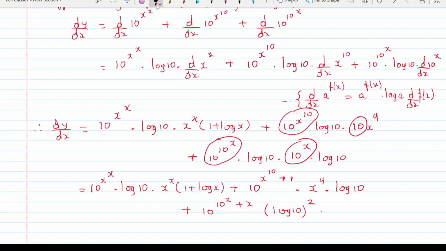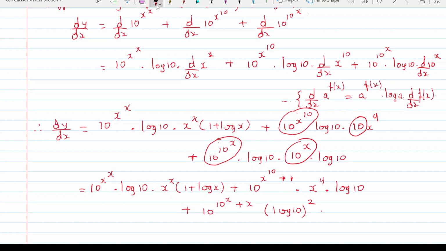Everything here was 3 raised to x raised to x, right, x raised to x log. Yes, x raised to x log. If you do it this way, it comes out that way. No, we could have taken it that way, but we took this directly. Over there also we could have taken e raised to x raised to x into d by dx of x raised to x. That could have been x raised to x log.